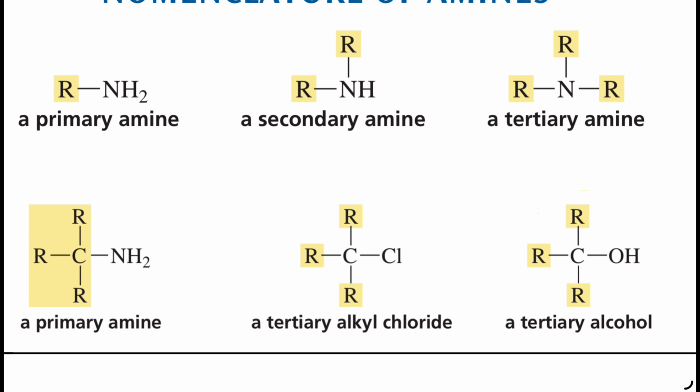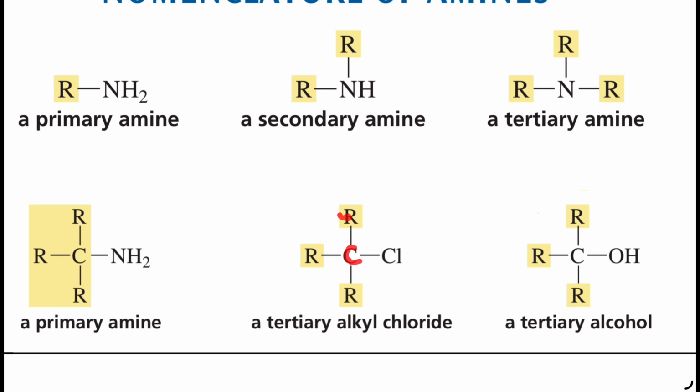If you compare amines classification with alcohols and alkyl halides classification, here nitrogen is attached to one alkyl group only. We should not consider this particular carbon to decide the nature of amines. We have to consider nitrogen. So this is absolutely a primary amine. But in case of halogen compounds, we have to consider the halogen containing carbon.